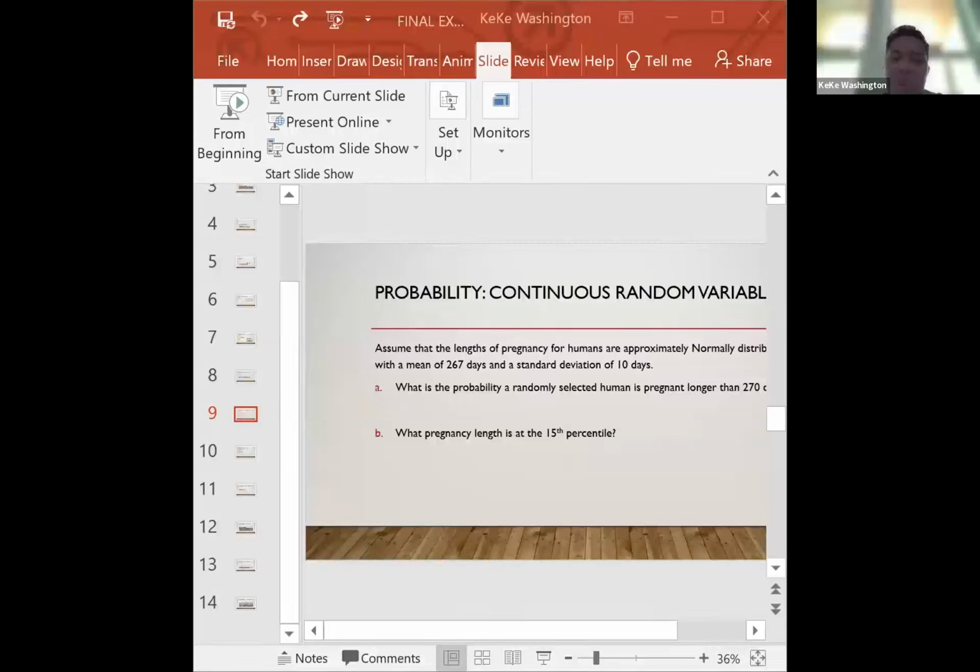So then it says, well, what pregnancy length is at the 15th percentile? Okay, so now this is where we have to go back and understand percentiles. Percentiles always read to the left. So that means we have 15% shaded from the left. And the question is, what is your data value? What is your X based on a 15th percentile?